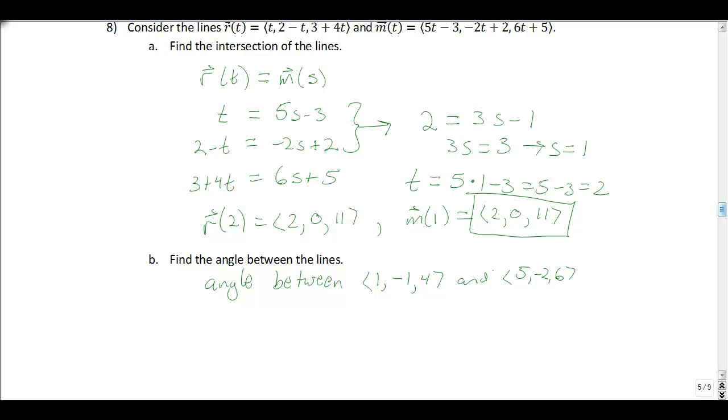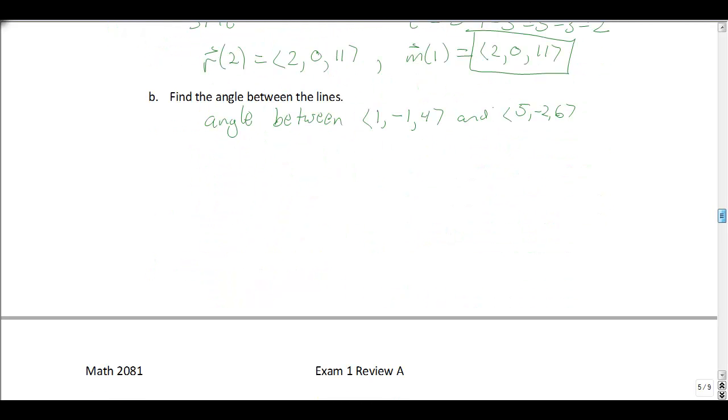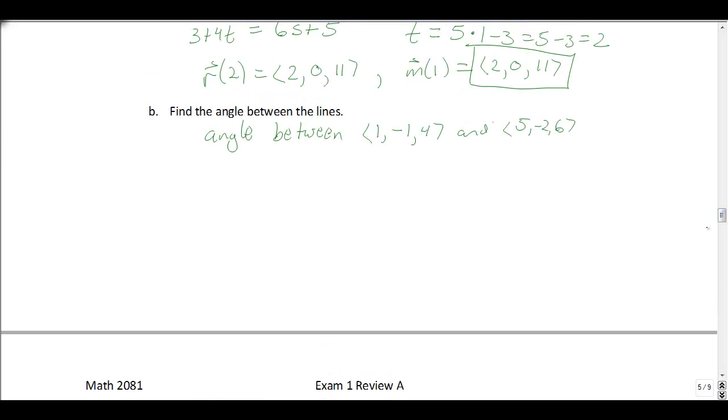We did a problem earlier on finding the angle between two vectors. The formula was that theta is the arc cosine of the dot product of the two vectors, (1, −1, 4) dotted with (5, −2, 6), divided by the magnitude of each, multiplied as a scalar.